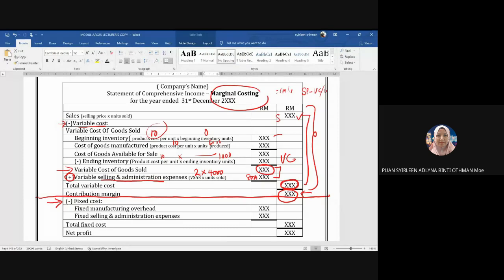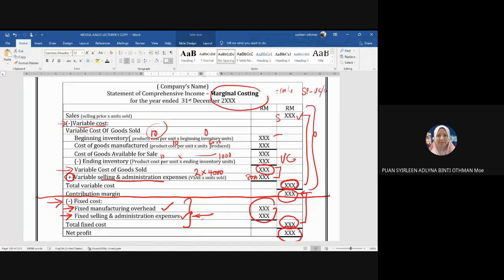Below the contribution margin, we deduct all the fixed costs. We have fixed manufacturing overhead, which is the fixed cost in the factory. Then we have fixed selling and admin expense, which is the fixed cost in the office and sales department. This is actually your period cost. Alright, so adding them, we get the total fixed cost. So contribution margin minus total fixed cost gives net profit.